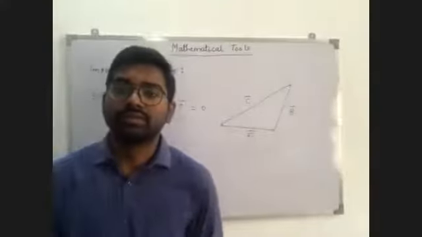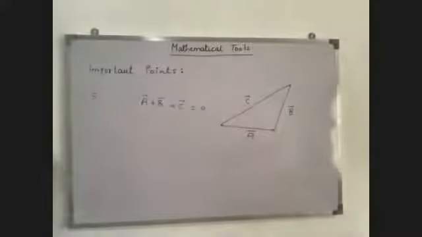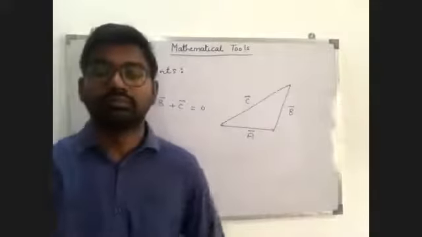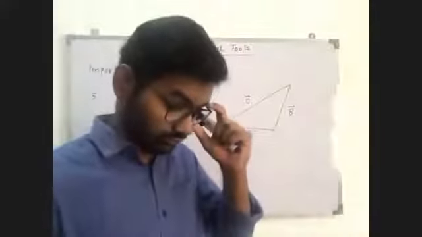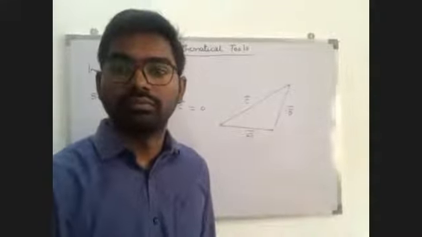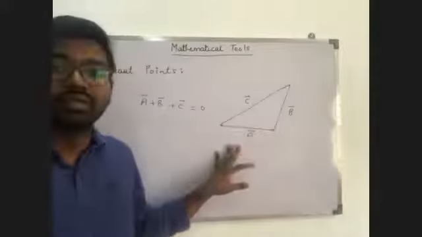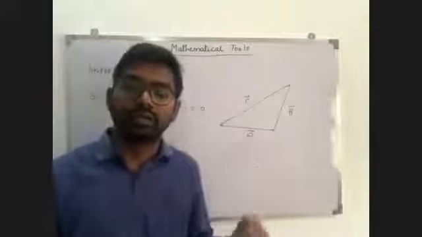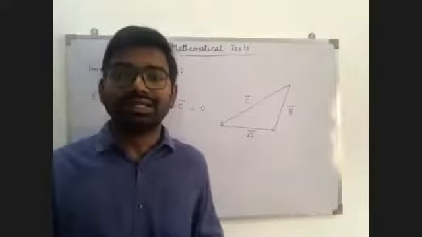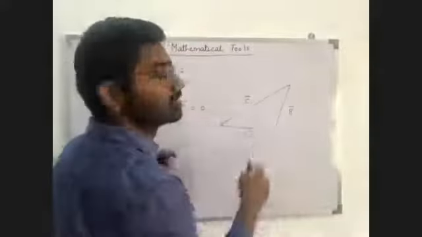Guys, is it visible, this one? Okay, listen to what I'm saying. Let's suppose one vector is A vector, another vector is B vector.